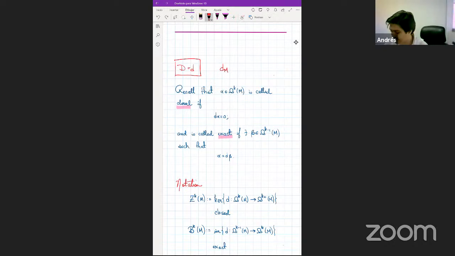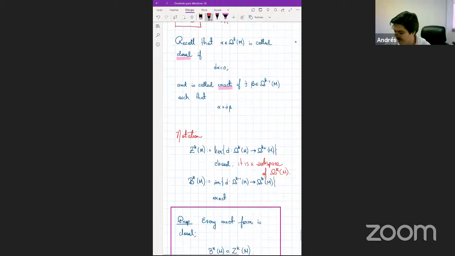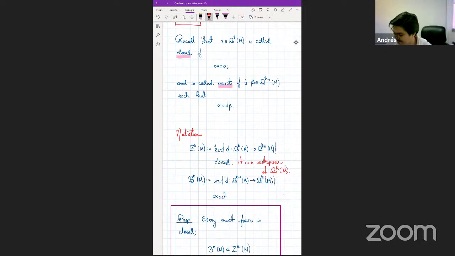And note this, so this is a subspace, because d is linear, and this is the kernel. The same with this one.